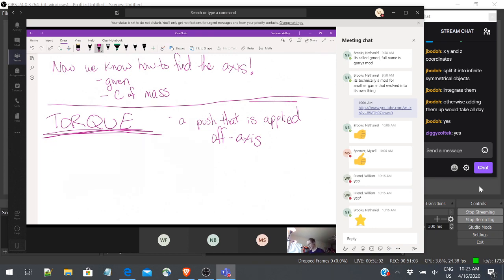So if we know where the axis is, then we know sort of where the force is applied.